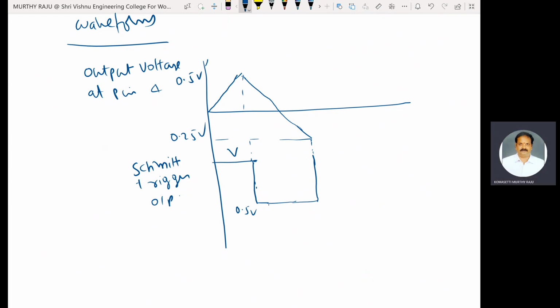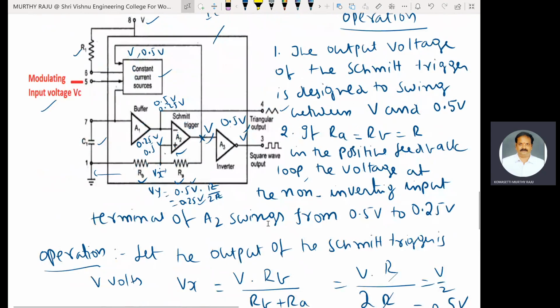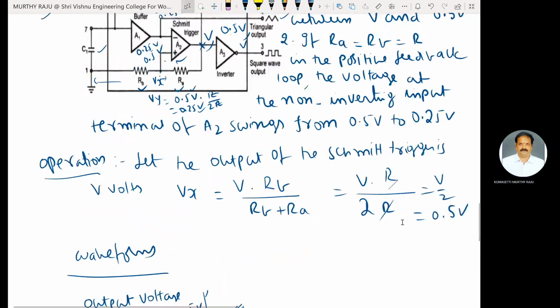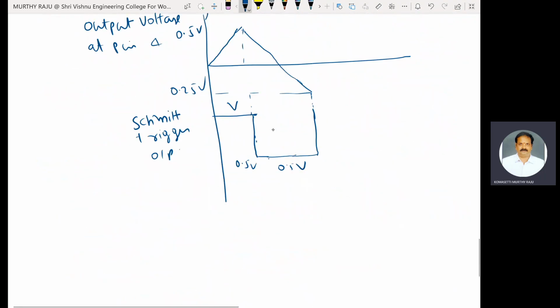Whenever the capacitor discharges to 0.25 volts here, compare these two voltages. Here it maintains 0.5 volts. These two voltages are equal. Again, the output of the Smith trigger is plus V volts.